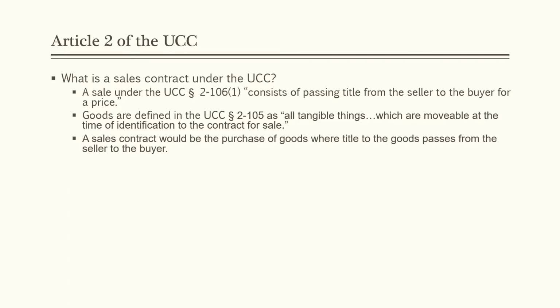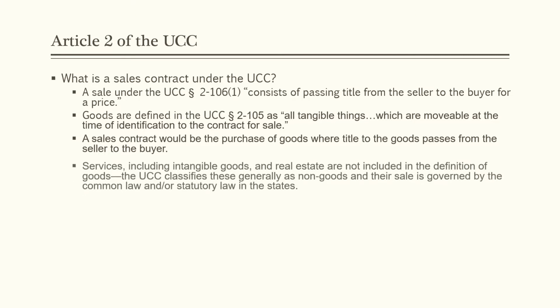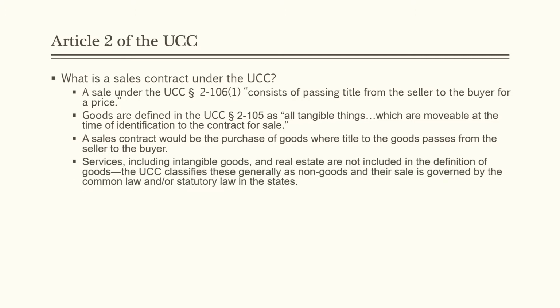A sales contract would be the purchase of goods where title to the goods passes from the seller to the buyer. Now, services, including intangible goods and real estate, are not included in the definition of goods. The UCC classifies these generally as non-goods, and their sale is governed by the common law and/or statutory law in the states.